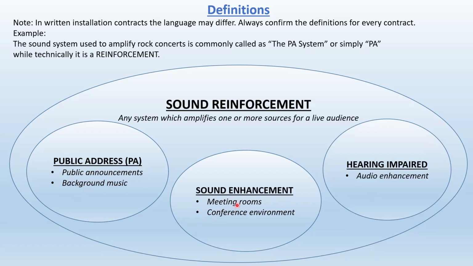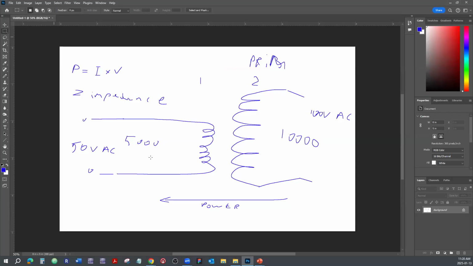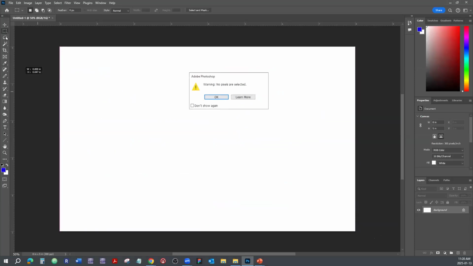Let's take a look a little bit at sound enhancement. All right, where's my board? We'll come back to that transformer thing, I promise you. Okay, let's say we have a room.